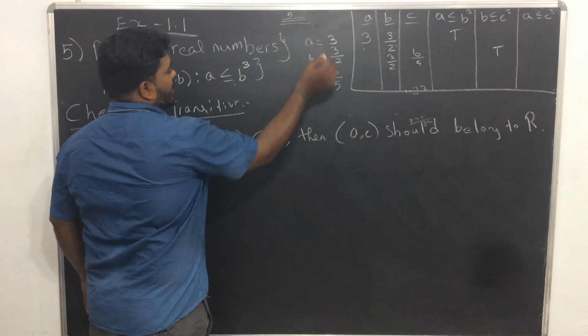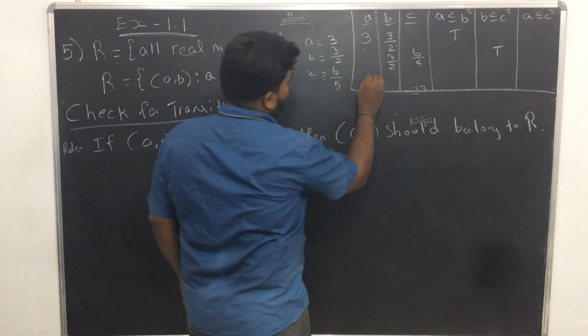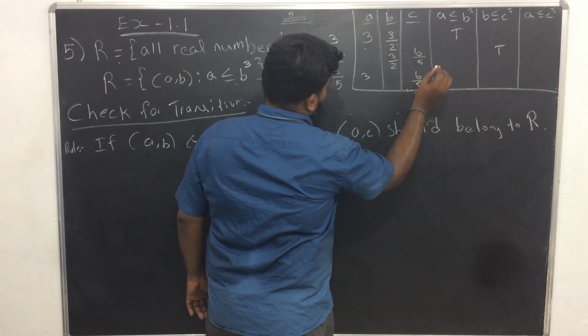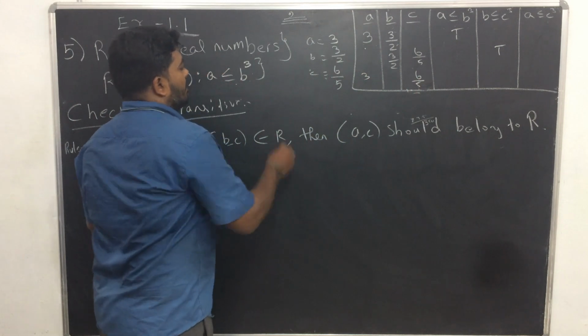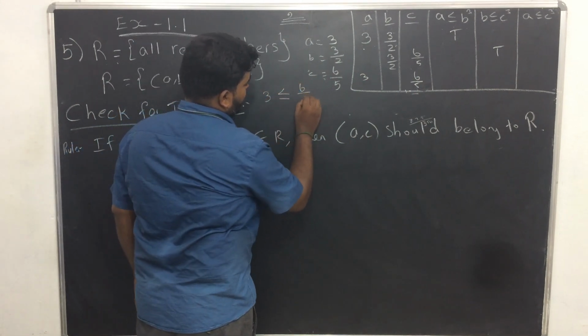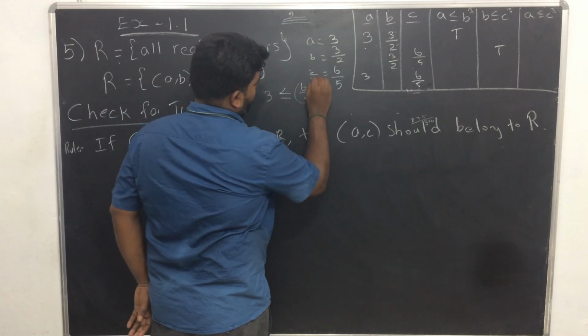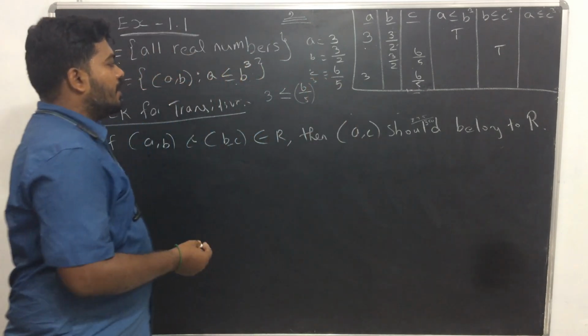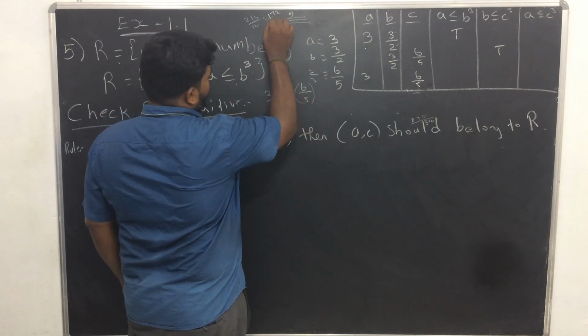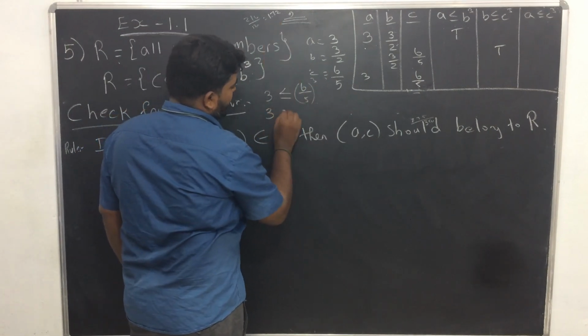Now, A comma C. That is, A is 3 and, sorry, C is 6 by 5. Now, we have to check if 3 is less than or equal to 6 by 5, the whole cube. What is 6 by 5, the whole cube? We found it to be 1.72 in the previous example.